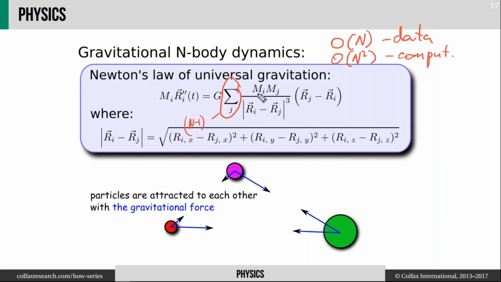For each term, I have to do this math, and then this gives me the left-hand side. And there's as many left-hand sides as there are particles, so n. So I will have to compute n times n minus 1 particle-particle interactions, and for each interaction, I will have to take the coordinates of the particles, take the difference, square, add, square root, cube, all of that.